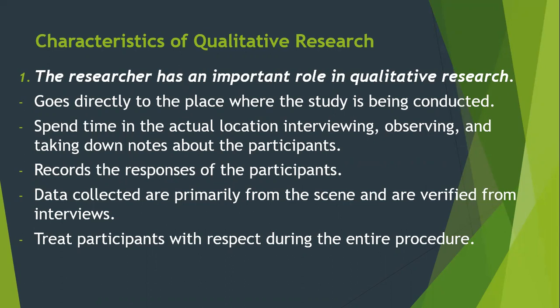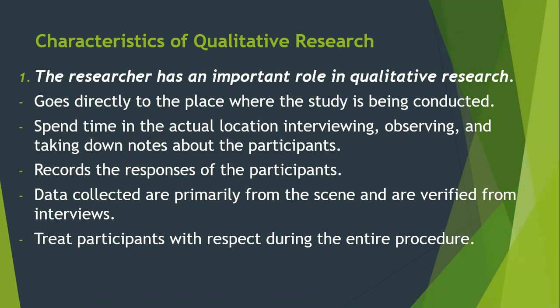Compared to quantitative research, class, qualitative research is a subjective kind of research. When we say subjective, the results may be influenced by the researcher's personal opinions and personal interpretations about the result, the result of his observation, his interview.